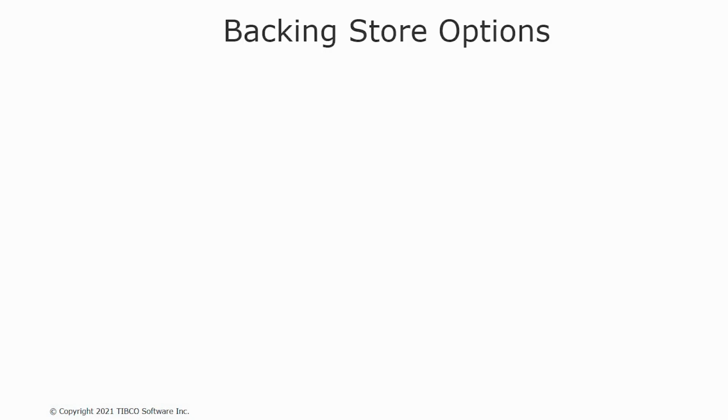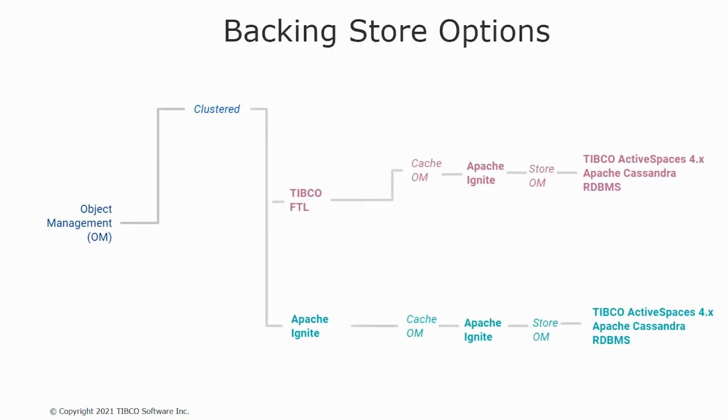Let's take a look at the various object management combinations and their respective backing store options. For Apache Ignite and FTL clusters, along with cache object management, you can configure any of the three options of store providers. With TIBCO FTL as the cluster provider, you can skip the cache and configure TIBCO Active Spaces 4 or Apache Cassandra stores.